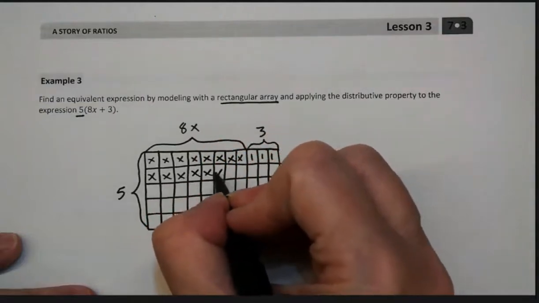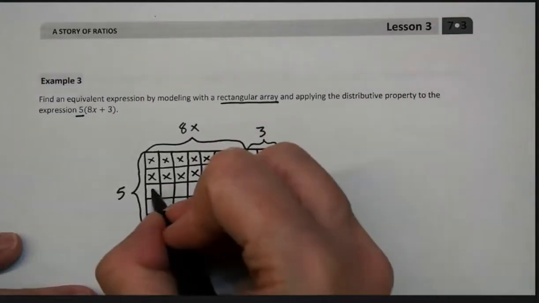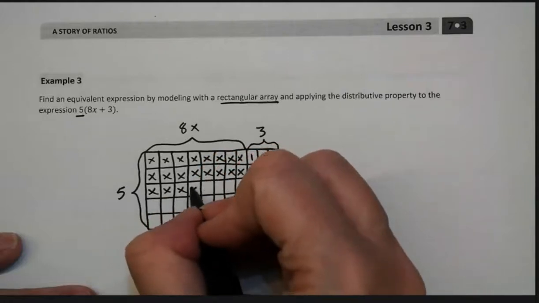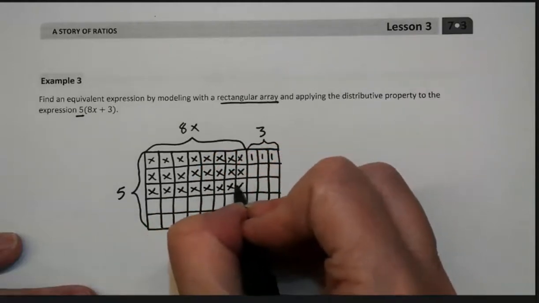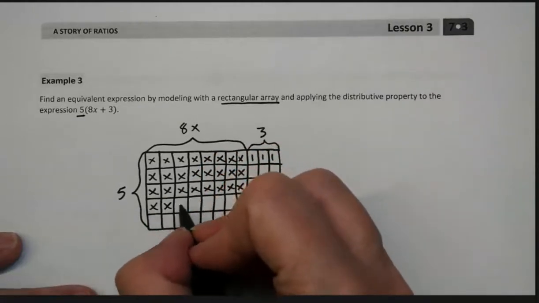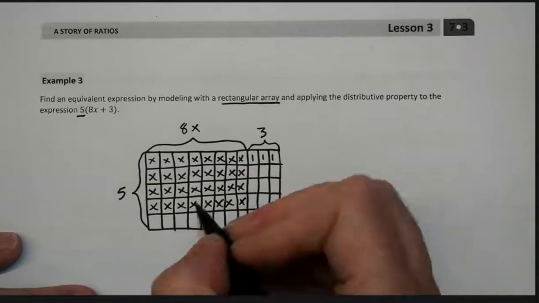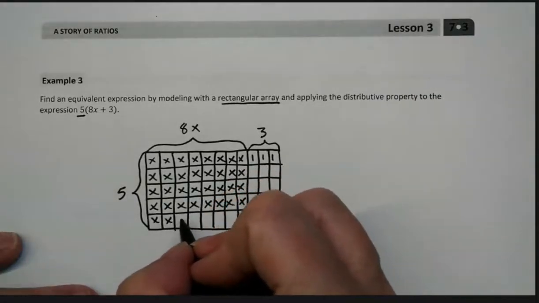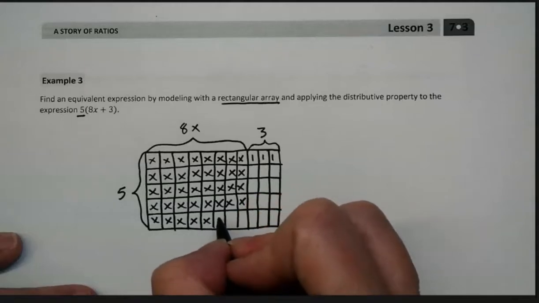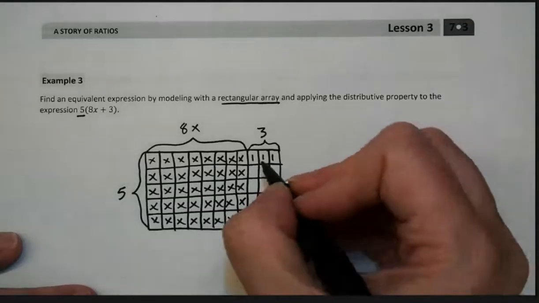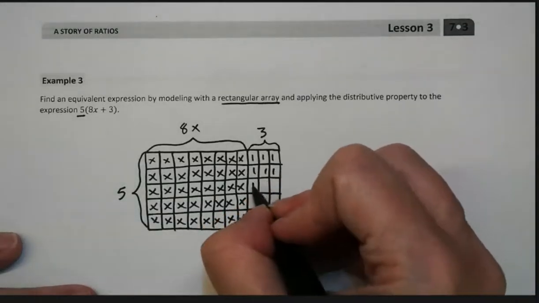These are all x's, some number that we don't know yet. You do not have to draw all these x's in unless you really want to hit home exactly what each of these boxes represents. I should have drawn this rectangle a little bit bigger so you could really see the difference.